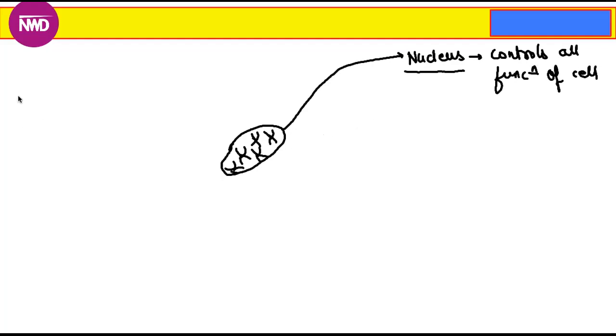Okay, and after this, we have seen one more thing: outside this nucleus we have seen this jelly-like thing which is surrounding the nucleus. So I'm just coloring it once again.